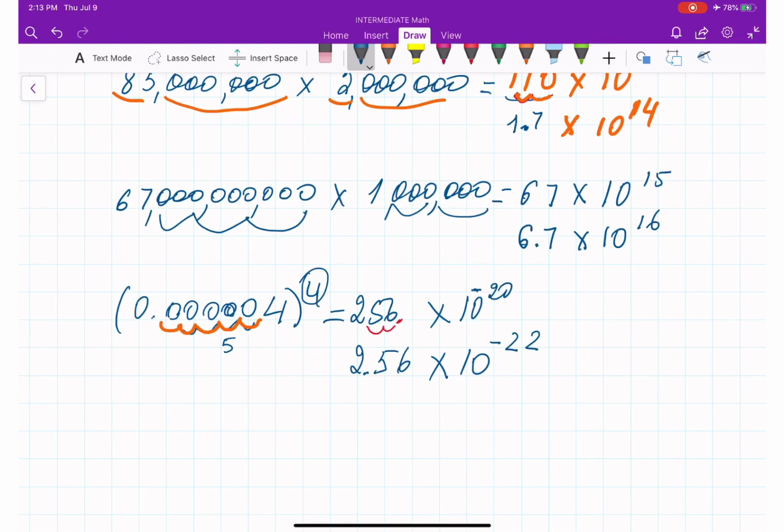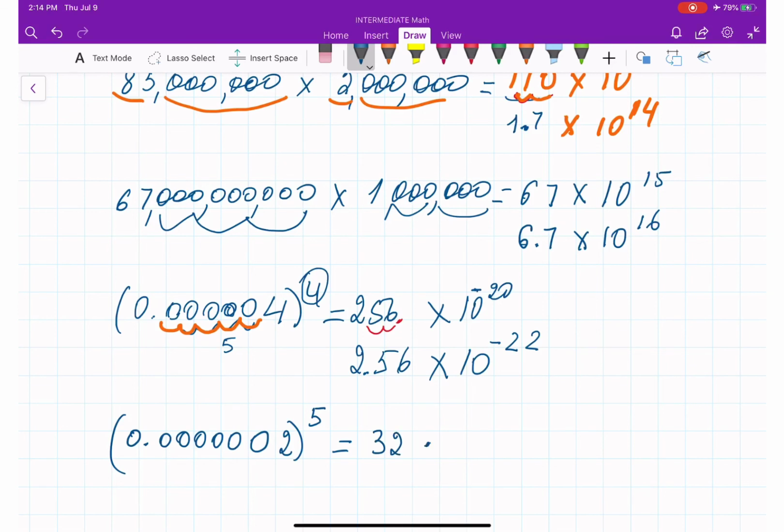Okay? I think I covered everything. Okay, I can do one more like this. 0.000002 to the power 5. That will be equal. 2 to the power 5 is 32, right?